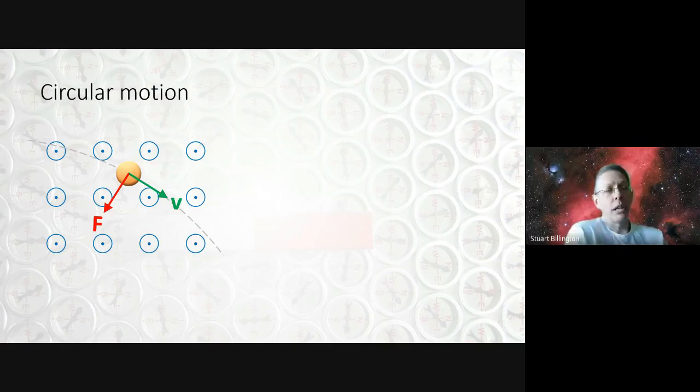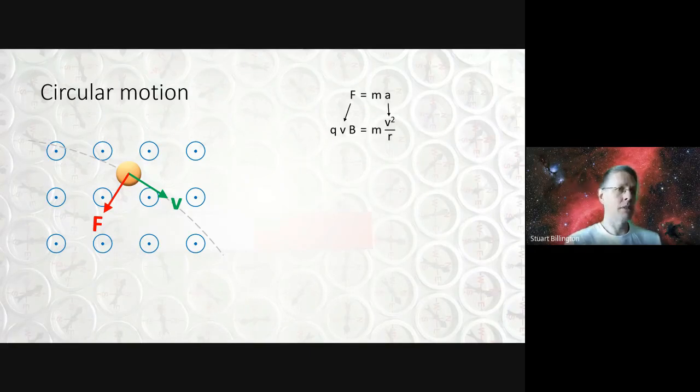And so we can do a circular motion analysis of this. We always start with F equals ma, and then we remember that our F is the magnetic force, so that's QvB, and our acceleration for particles moving in circular motion is v squared over r.